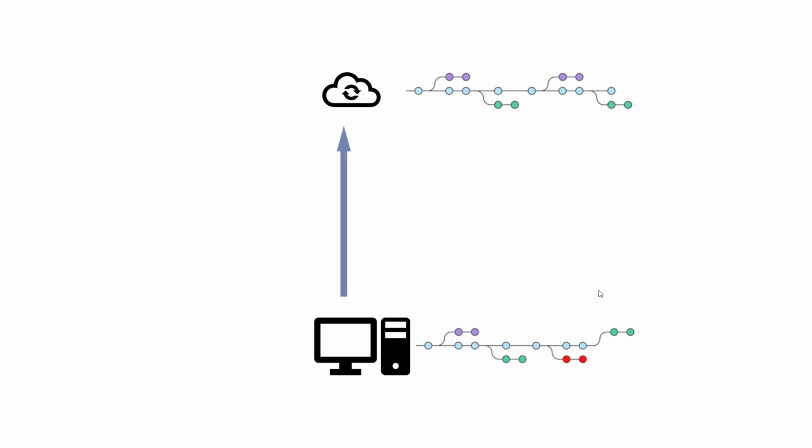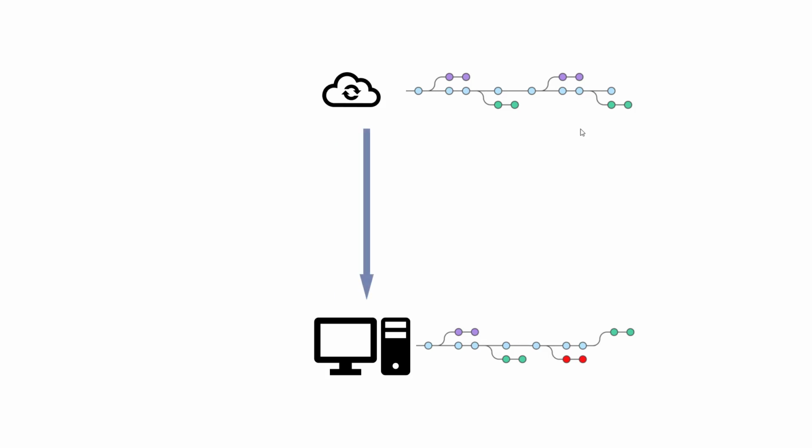So if the server has a different history than you, when you do push, the server will actually reject your push request. The server is going to tell you, hey, you cannot do this. You have to pull down my history first, and you have to resolve the conflict on your end. So in this particular situation, you have to pull down from the server first.